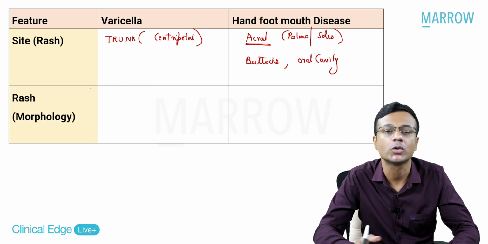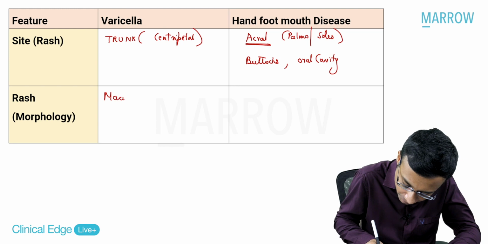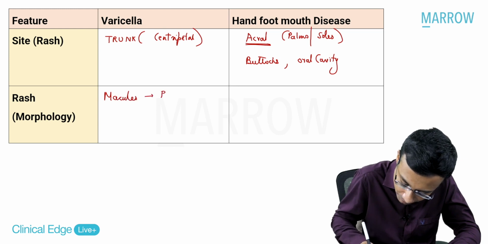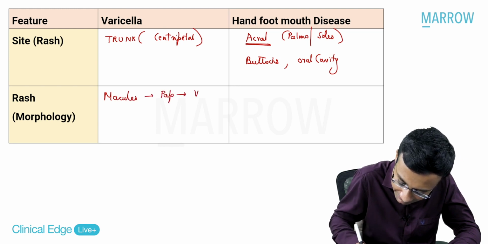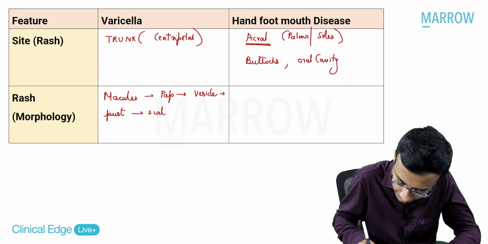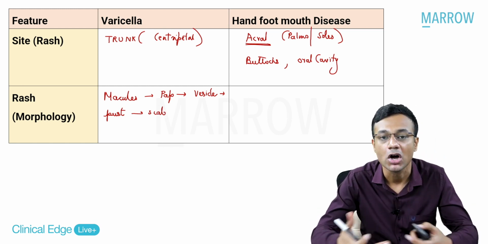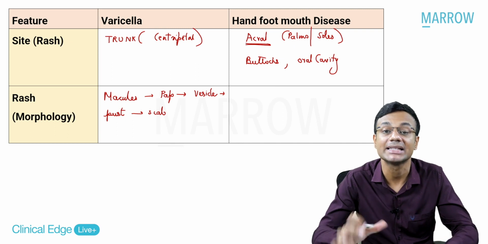The second point is going to be regarding the morphology of the rash. So initially in varicella, we get macules, then papules, then vesicles, then pustules, then scab. So these are the stages of the evolution. But please remember, what is special about varicella is all these stages can be present simultaneously at the same time.